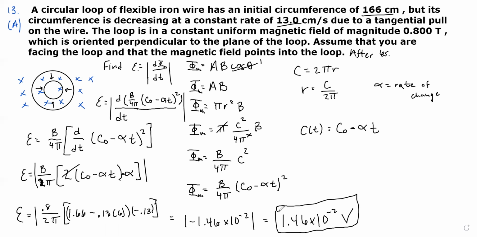That'll give us negative 0.1144. Then we multiply by 0.8 over 2 pi, and we end up with negative 0.0146. We rewrite that in scientific notation, which gives us negative 1.46 times 10 to the negative 2 volts for our EMF there. So that's part A.